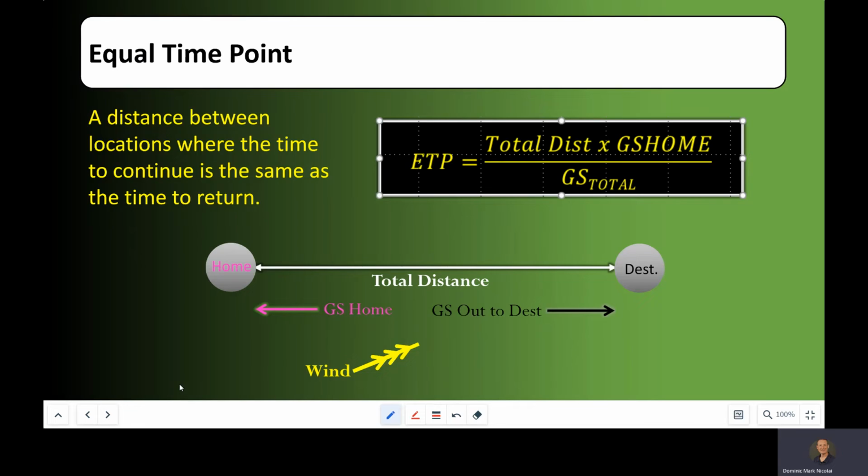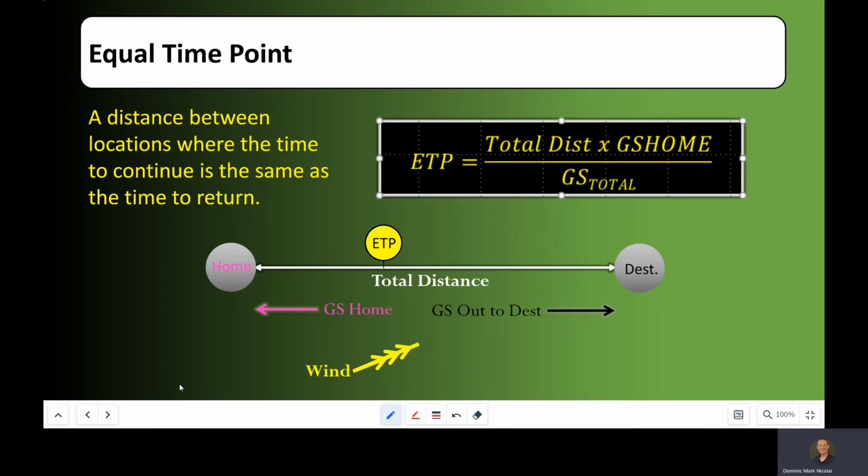Now these are ICAO terms, that's why they sound a little funny to you. This is how it's used internationally. So if I'm going to turn around and go home, that's my ground speed home. If I'm going to continue out to my destination, that would be another term. So it's somewhere along this point here, because of the wind condition, that I would have an equal time point.